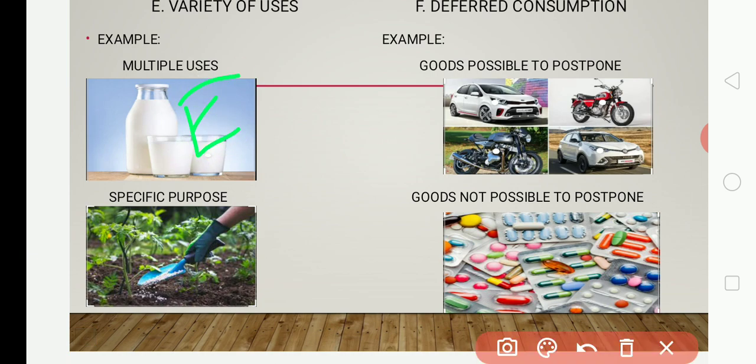For a specific purpose, it will be inelastic. Deferred consumption: if the good can be postponed, demand will be elastic. If it is not possible to postpone, it will be inelastic. So these are the important factors determining the price elasticity of demand.